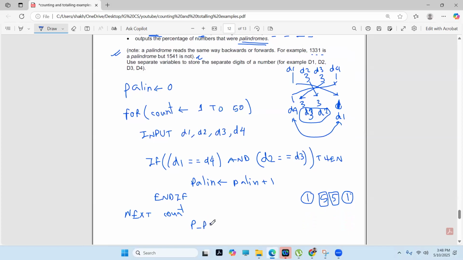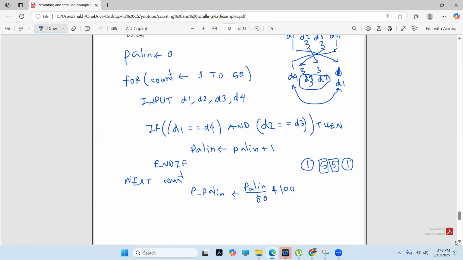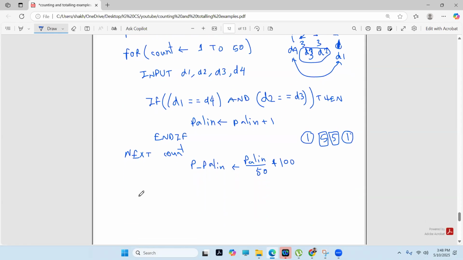Now, the percentage of palindromes: we have 50 numbers. Out of 50, how many palindromes do we have? Whatever the value is. For example, out of 50, 20 numbers are palindromes. So 20 divided by 50 multiplied by 100. Whatever the result is, it will be calculated and printed.